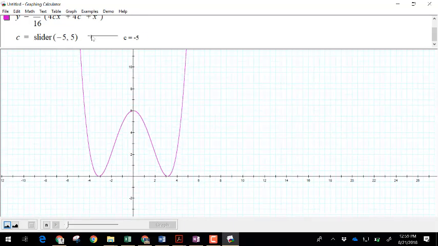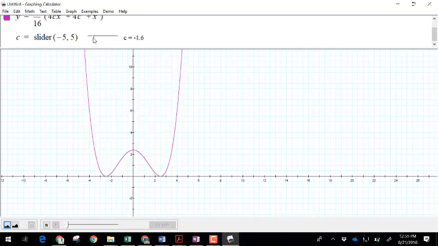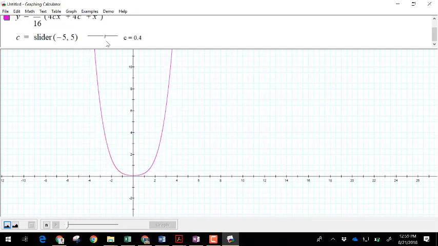So as your c changes, your graph will change. If you imagine each of these curves as a curve that represents a solution, that could be a possible solution to the differential equation.